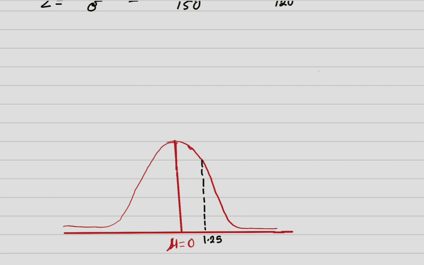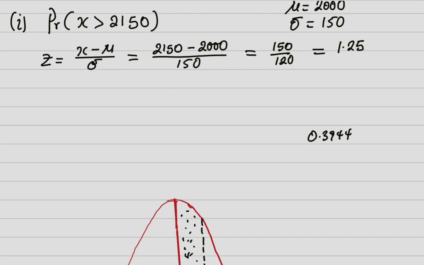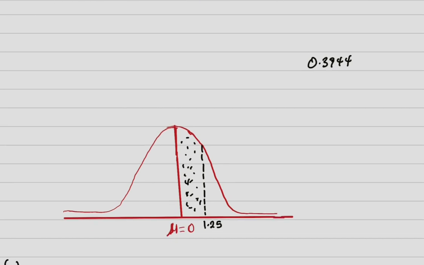Now, the area which we found, 0.3944, actually signifies this area. But is that what we are looking for? No, that is not what we are looking for, because we are looking for greater than. Greater than signifies the entire area here.